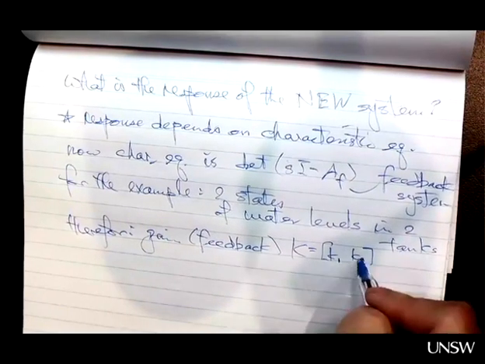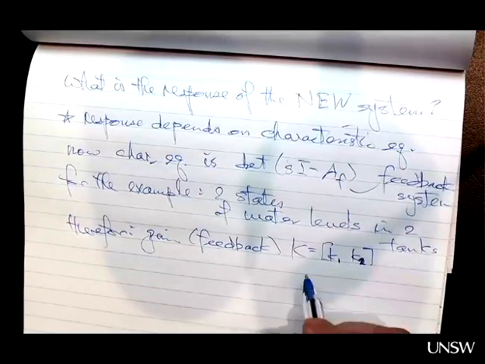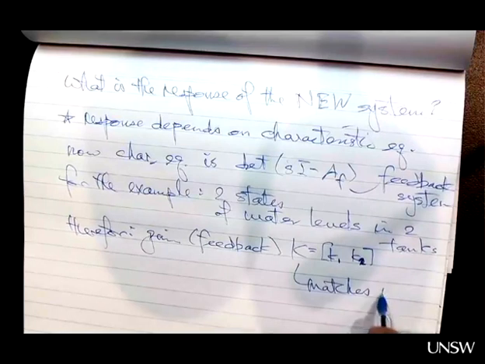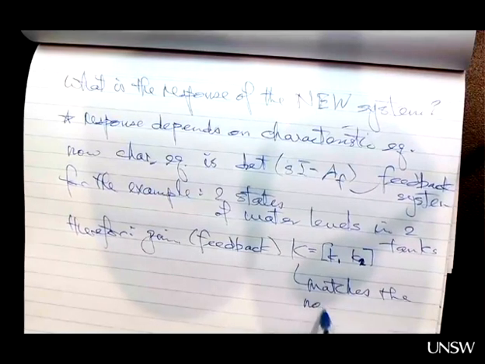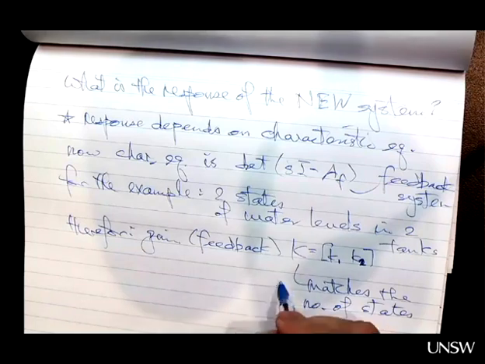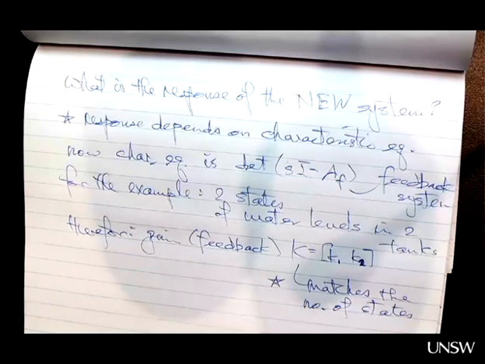And this matches the number of states. Okay. So it is important to note that. Now, the gain factor K contains two elements. Okay, it is also in contrast to the output feedback case.